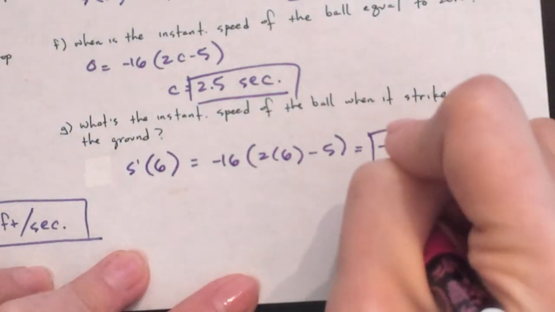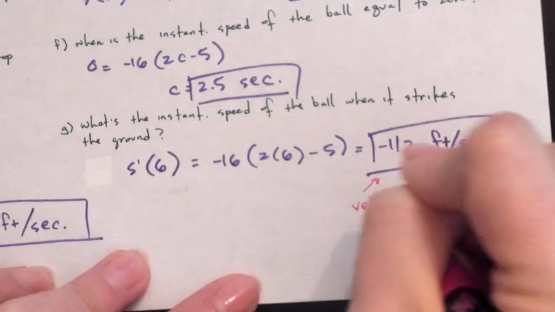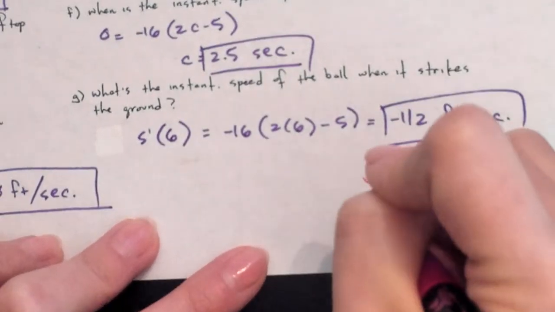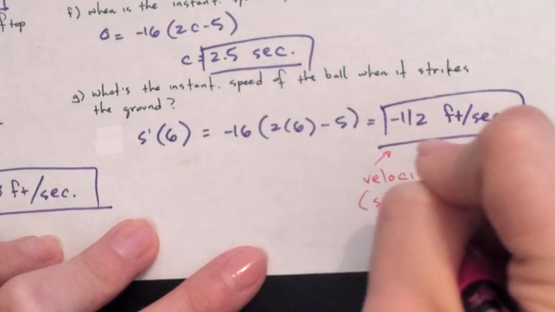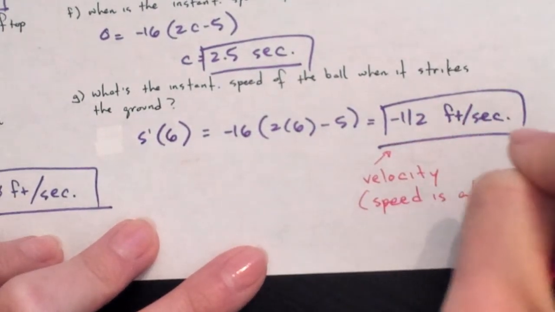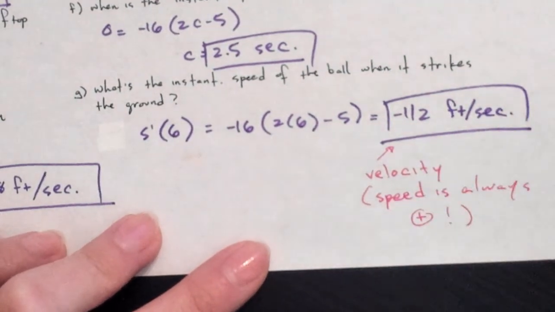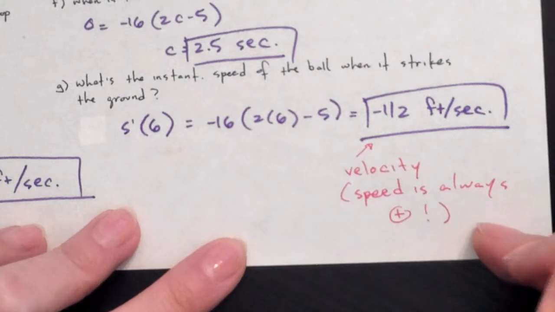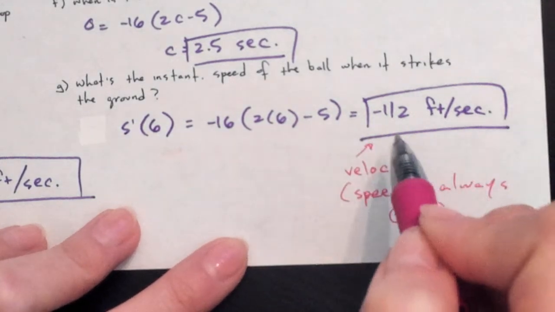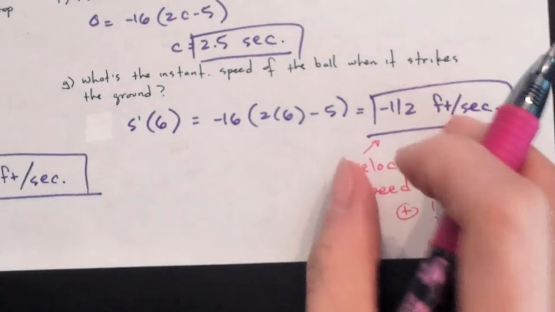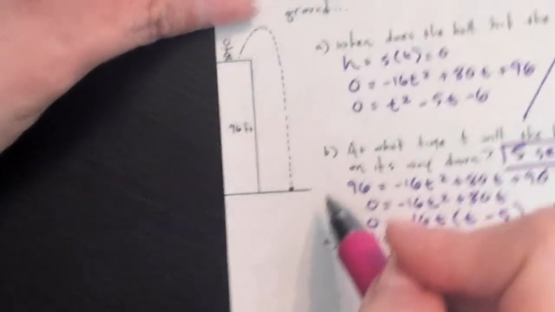Okay, so technically this is velocity, and then speed is always positive. But in pre-calculus, it's fine. If you write negative because the ball is literally going down at that time, it's okay.